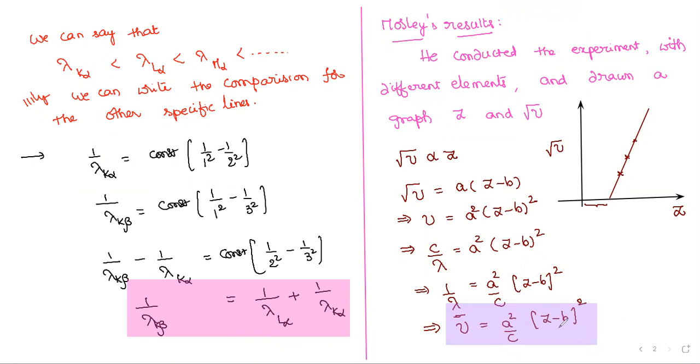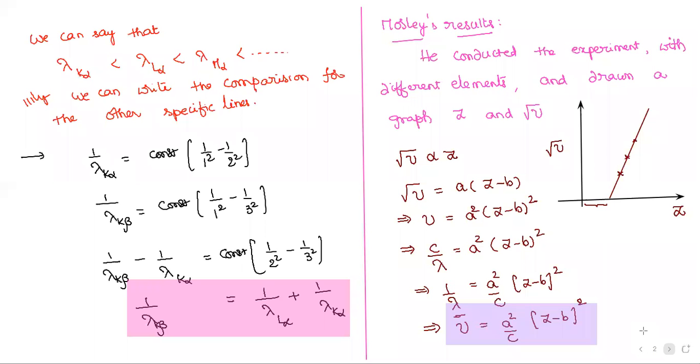Okay, by this you can say who is a square by c? Again, by comparing with that equation, I can say a square by c is nothing but, according to Bohr's equation, R into 1 by n1 square minus 1 by n2 square.